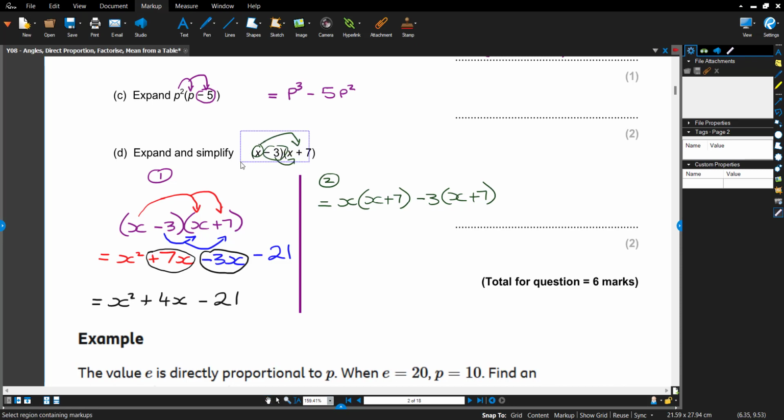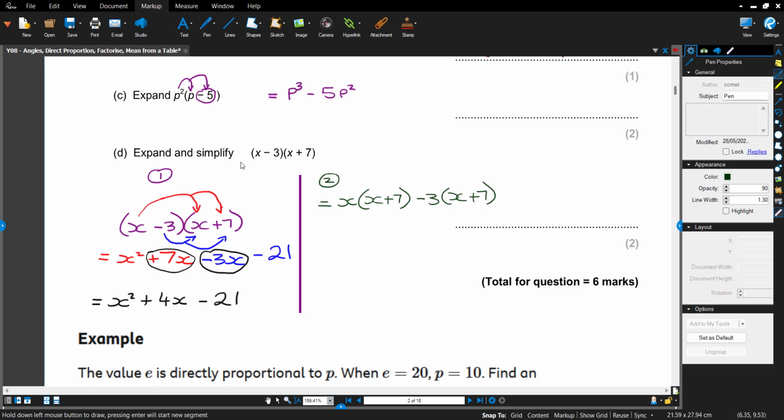And actually, when you get into like 3 or 4 terms in the brackets, it's very good. Anyway, that equals, so then you multiply in x squared plus 7x minus 3x minus 21, and you're in the exact same situation as you are there. These guys are like terms, so you say that equals x squared minus 4x minus 21.